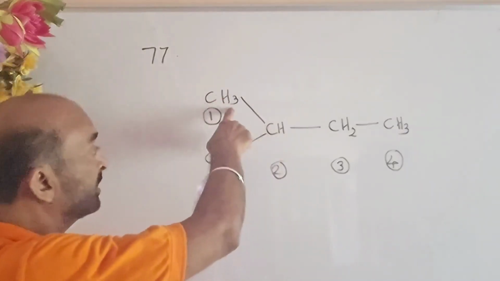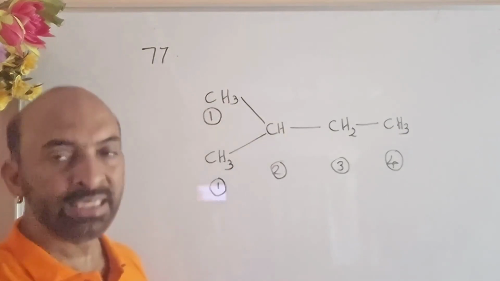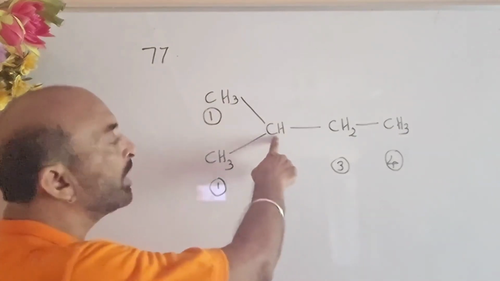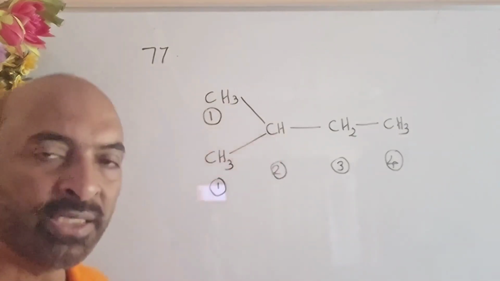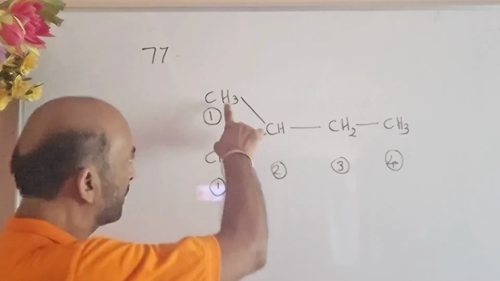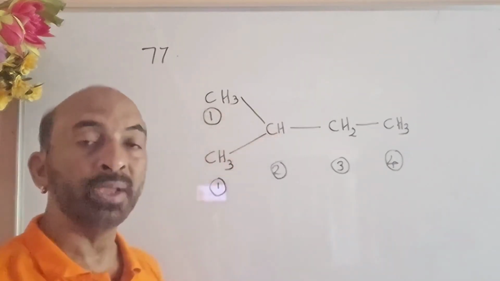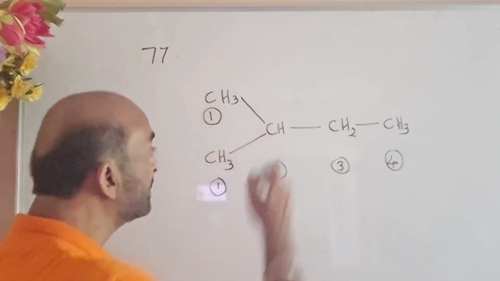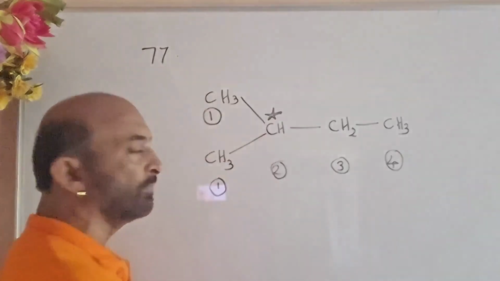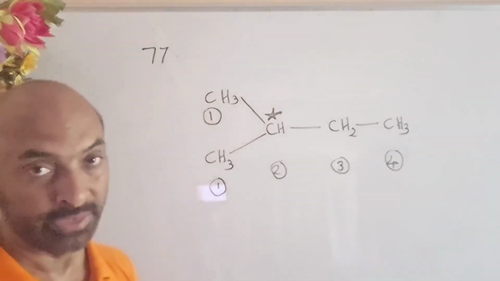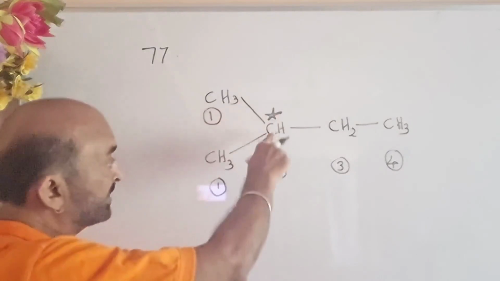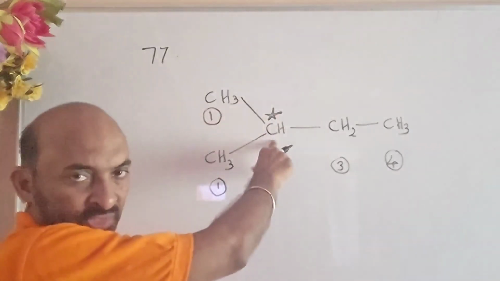But upon conversion of this to CH2Cl, what happened? All the four groups attached to this carbon, not this carbon, become different, and so this carbon turns out to be a stereocarbon, isn't it? Upon chlorination here, the change is here. Hope you understood that.